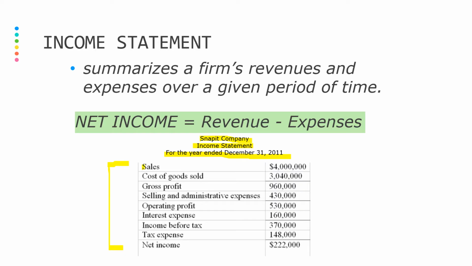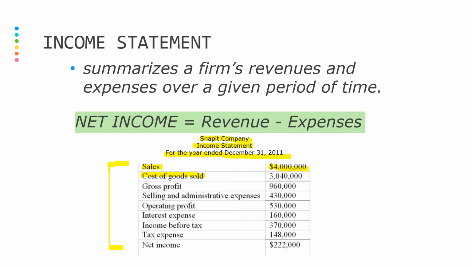Okay, so now let's discuss each account in the income statement. First, we have here sales. Sales refers to the operating revenue earned by the company by selling their products or services. Now here, Snapit company has a total sales of $4 million. Okay, next account is the cost of goods sold. Cost of goods sold refers to the direct cost of producing the goods sold by a company.